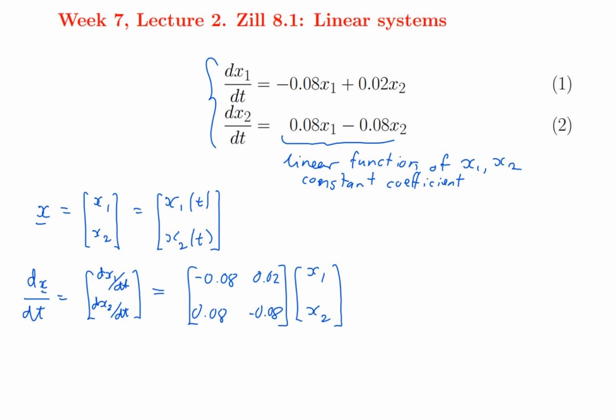So I could write that as dx/dt equals a 2 by 2 matrix A times a vector x: dx/dt equals Ax. This is in fact a general way of formulating any constant coefficient linear system in any number of variables. Here I have two variables, but the advantage of the matrix formulation is it works equally well with any number of variables.